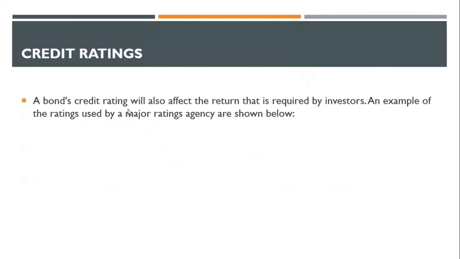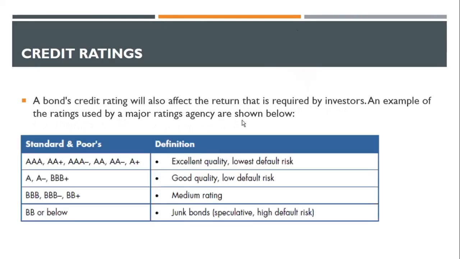Then credit ratings will affect it. A bond's credit rating will also affect the return that is required by investors. An example of the ratings used by major rating agencies is below: AAA, AA plus, AA minus, and A plus. So you have different credit ratings coming in.